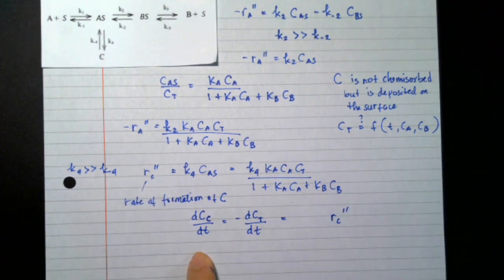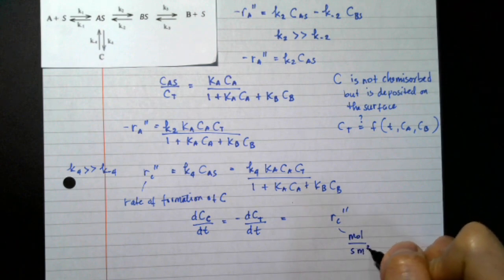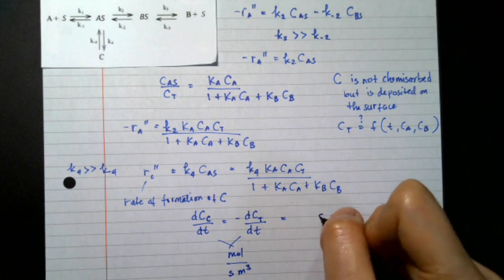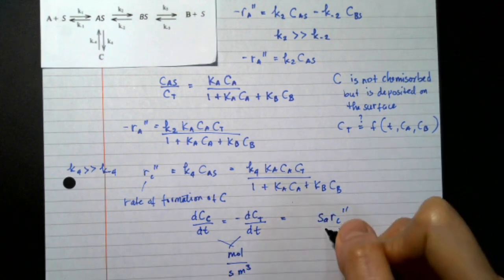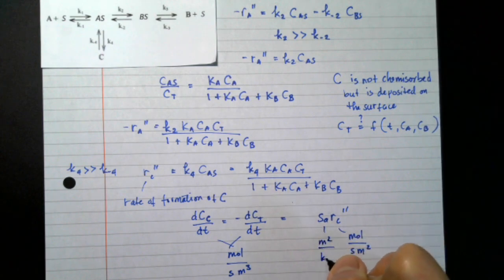And this can be related to the rate of formation of coke. So we have to make the units consistent. The units of this is mole per second per square meter of the catalyst surface, while the units of each of these terms are mole per second per m cubed. So we need to multiply this by the specific surface area of the catalyst with units m squared per kilogram catalyst.